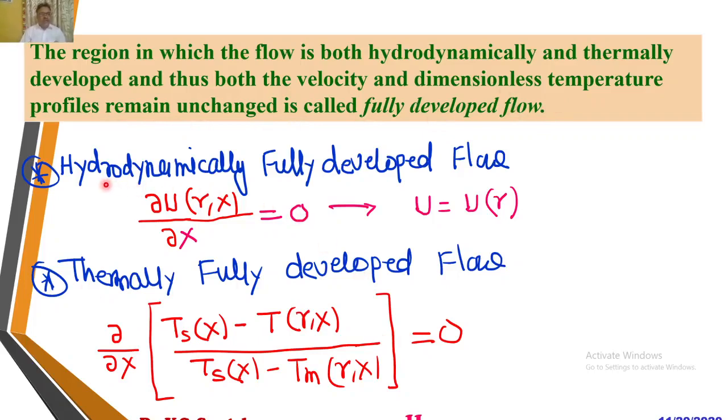Mathematically, I can define hydrodynamically fully developed flow as the flow in which the variation of velocity with respect to the direction x is equal to 0, and thermally fully developed flow where the derivative of the dimensionless temperature profile (Ts minus T) over (Ts minus Tm) with respect to x is 0. So when these two conditions are obtained, the flow is called fully developed flow.